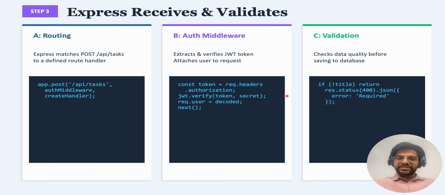If any of the validation fails, we send back a 400 bad request with a specific error message. The validation is critical. You can never trust data from the client. Even if your React form has some sort of validation, somebody could send a request directly to your API with bad data. The server-side validation is your last line of defense in such a scenario.